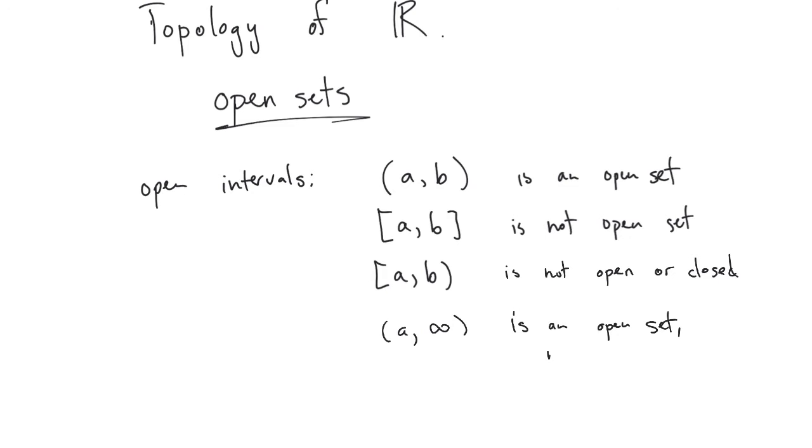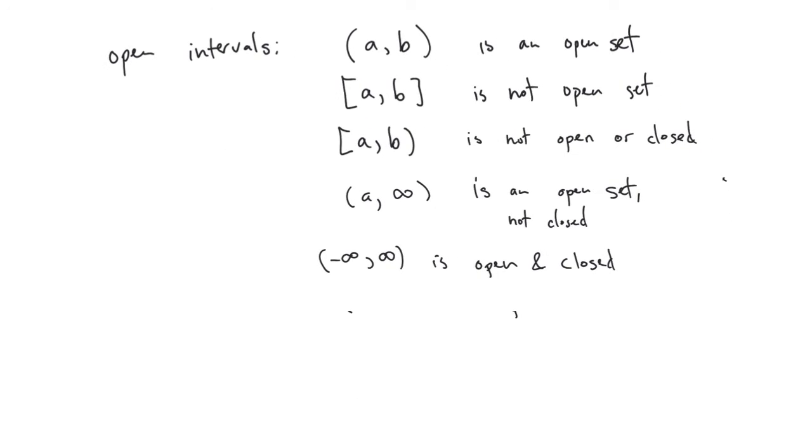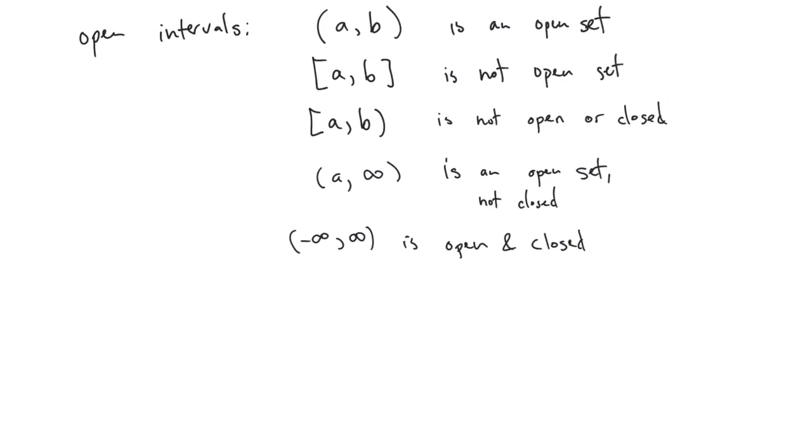And this is not closed. Something like this, minus infinity to infinity, this is actually open and closed. So the concepts open and closed are not opposites for sets. It is possible for a set to be neither open nor closed, and it's also possible for a set to be open and closed. There's actually a word for that. I'm not making this up.